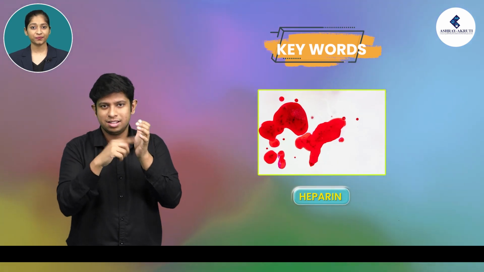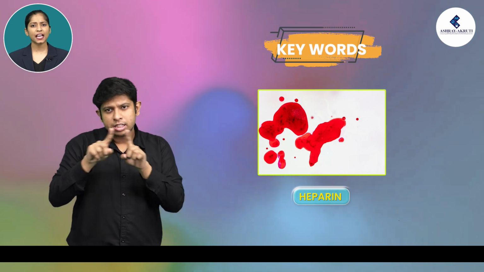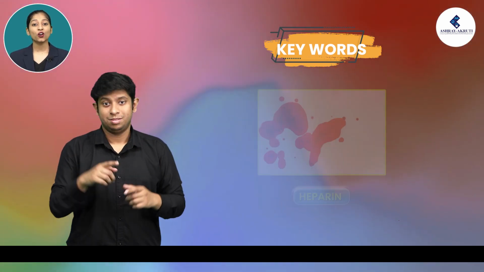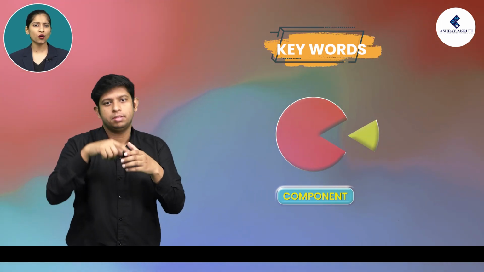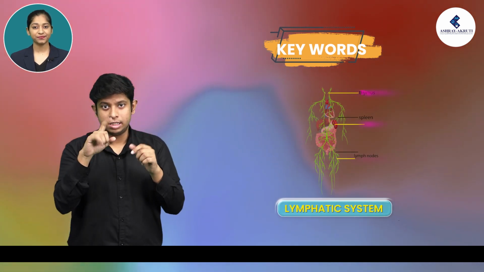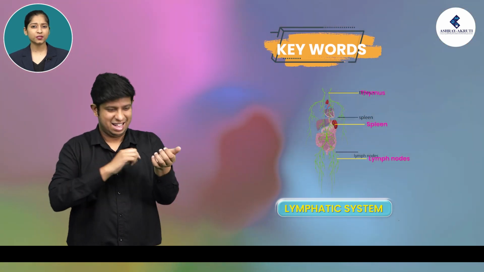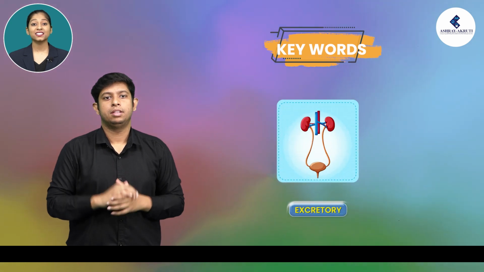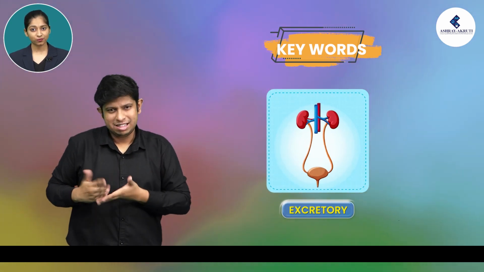Heparin: seen in liver and other tissues, inhibits blood coagulation. Component: part or element of a larger whole. Lymphatic system: network of delicate tubes throughout the body. Excretory: used to excrete or exit.